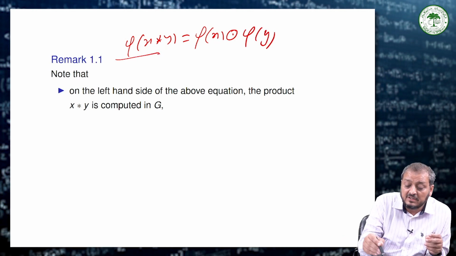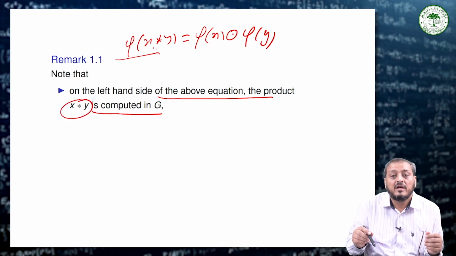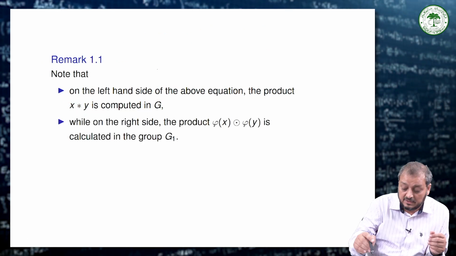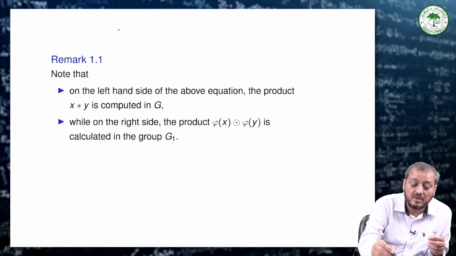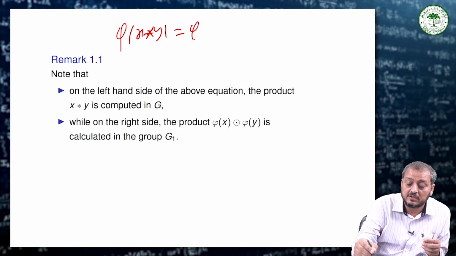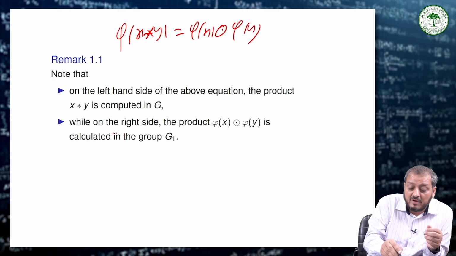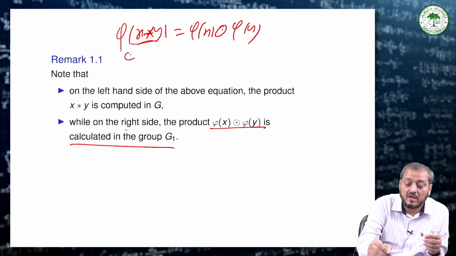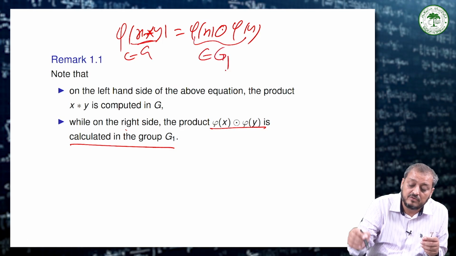The left hand side is a product computed in G, so it is an element of G. On the right hand side, the product is computed in G1, so it is an element of G1.